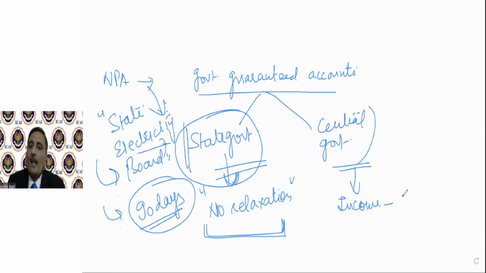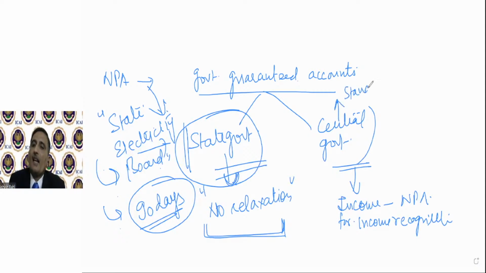These would be treated as NPA for income recognition, but for purpose of asset classification, these would be treated as standard account. If the guarantee is not revoked, if the guarantee is still valid, these would be treated as standard accounts.